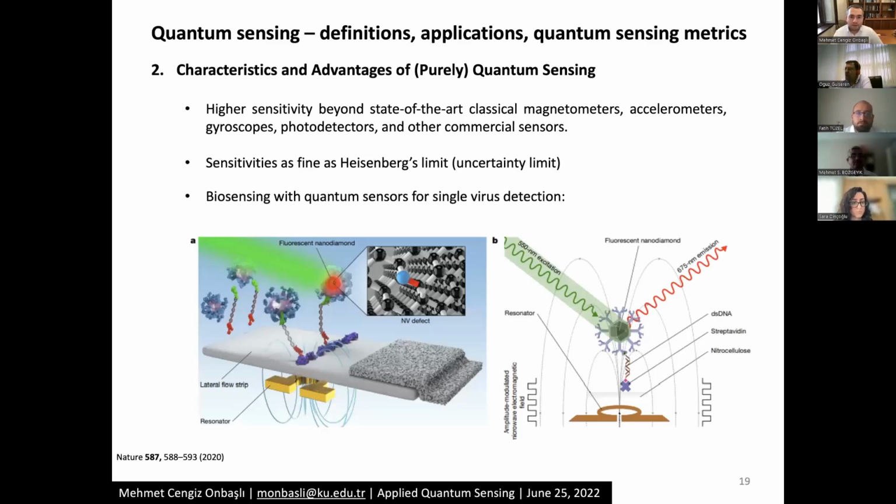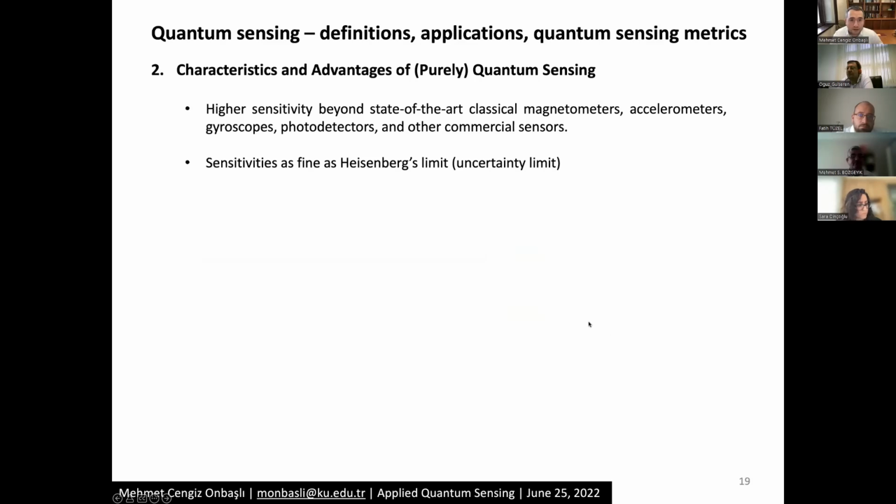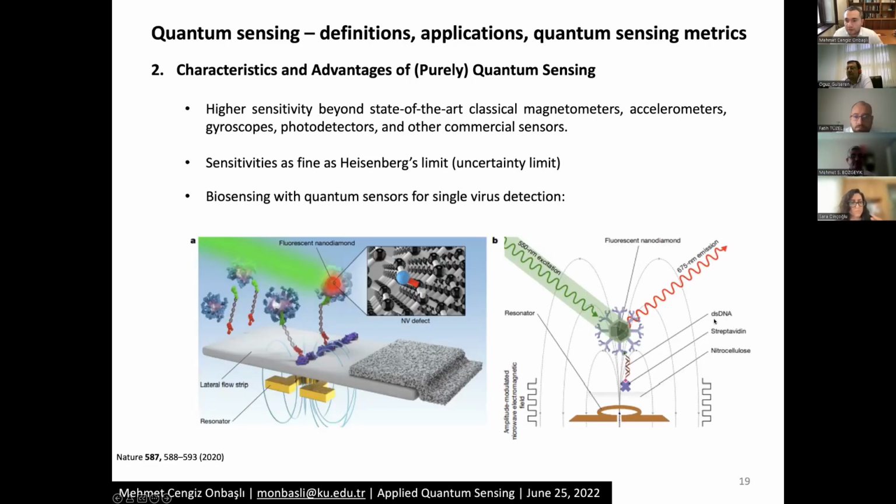One more example is using these sensors for single molecule or single virus detection. In this example, I'm showing you a fluorescent nanodiamond, which is conjugated to double-strand DNA and the streptavidin layer to bind onto the surface, and the virus attaches on the DNA.